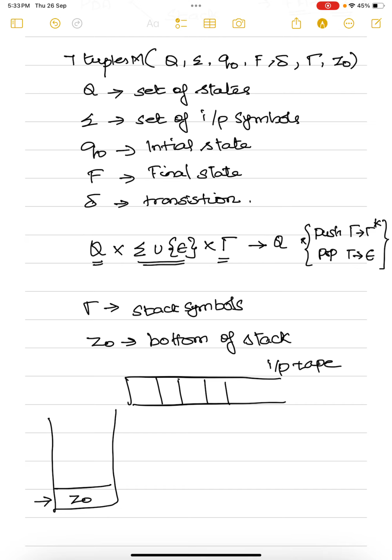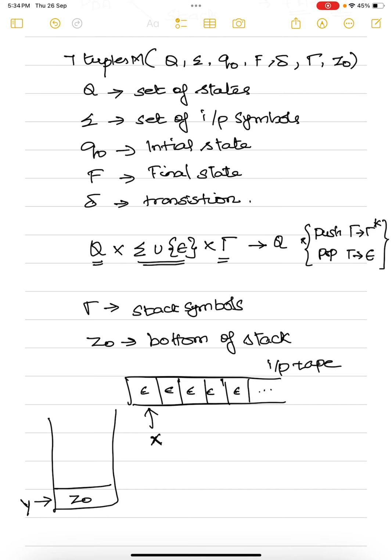Until we place any string on the input tape, it is assumed that all the tape cells are filled with epsilon, and there is a pointer X indicating the tape, and another pointer Y to the stack which indicates the top of the stack. If nothing is there, Y will point to Z naught. X is capable of moving one step to the right always. So these are the data structures available in pushdown automata.